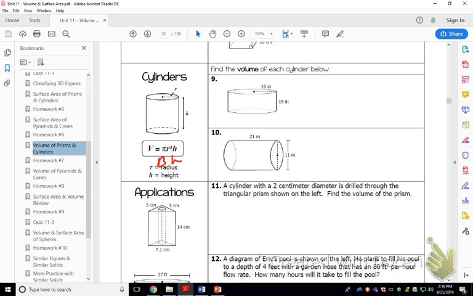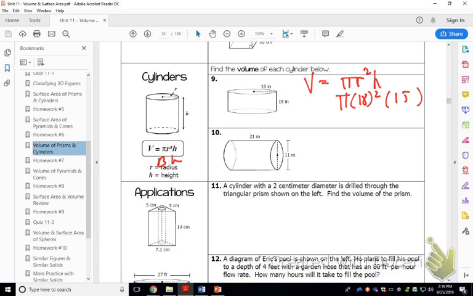So let's take a look. We're going to find the volume of this one. So pi r squared, and then the distance between the two bases. So we need the radius. 18. And the height. 15. Okay? Put that in the calculator and see what you get.